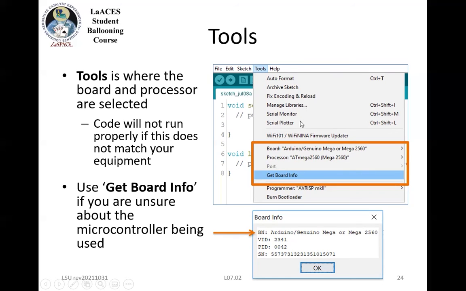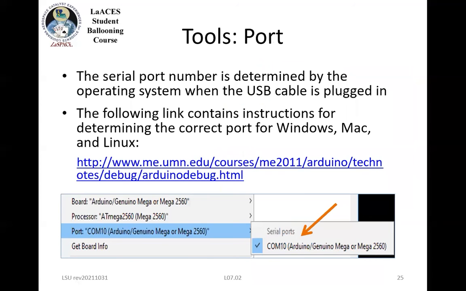So that could be useful if you're trying to do live monitoring of some variable value, but often it's just easiest to do the text. And then you can use this Get Board Info to get the information about the Arduino that is currently connected on the USB port.